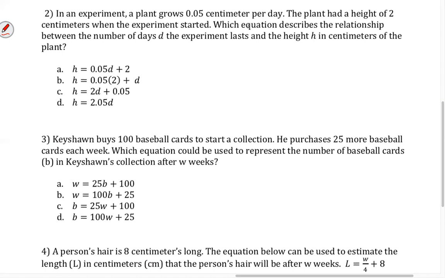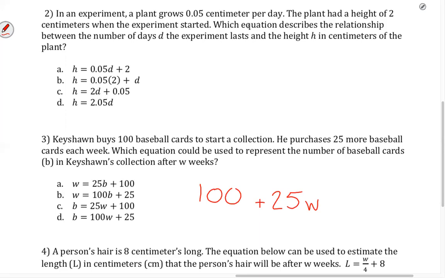Yeah, probably. So Jordan, it says Keyshawn buys 100 baseball cards to start a collection. He purchases 25 more baseball cards each week. So he adds to his collection 25 cards per week, which is W. Which equation could be used to represent the number of baseball cards B in Keyshawn's collection after W weeks?